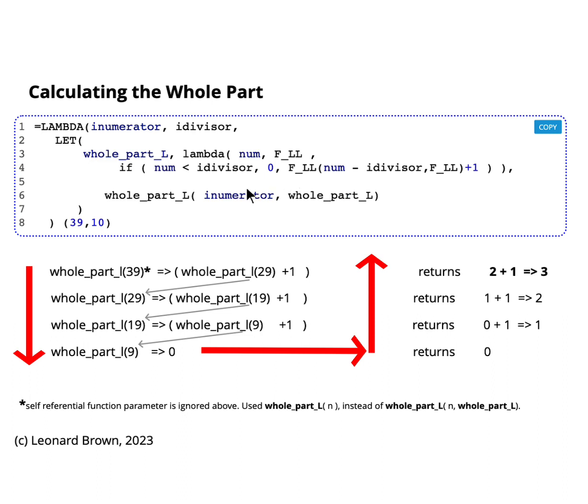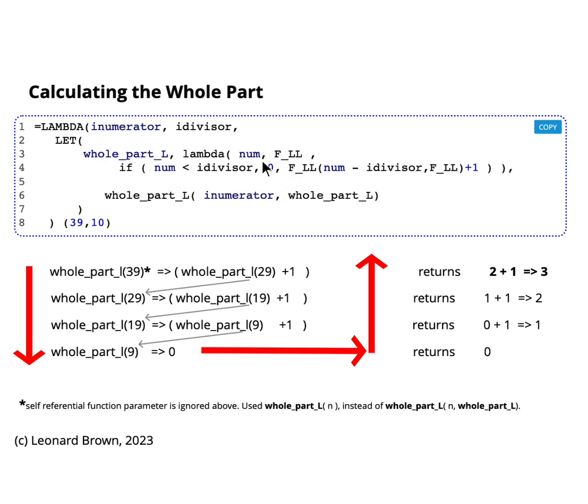Now let's examine what happens when this lambda is executed. Obviously, the arguments are 39 and 10, so iNumerator gets set to 39 and iDivisor gets set to 10. Whole part gets called with the numerator of 39 and the placeholder name gets set to whole part, such that this function becomes recursive.